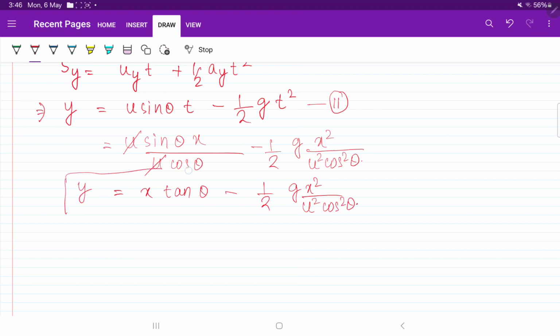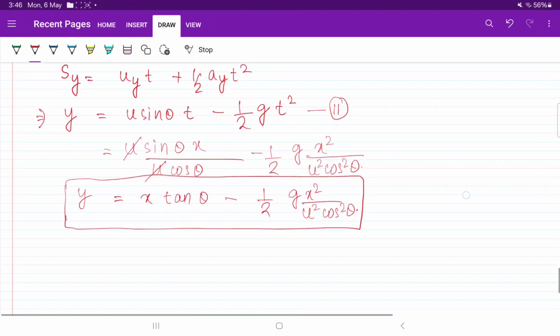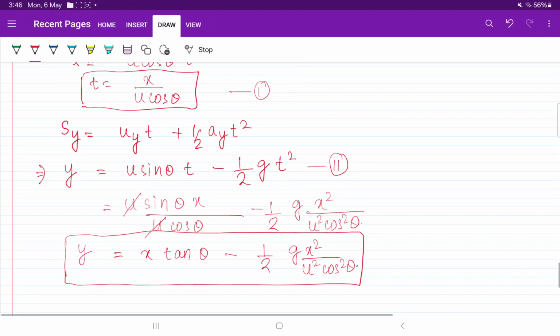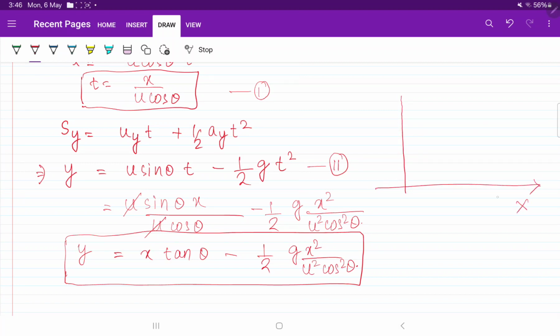So this is the relation between the x and y coordinates, and this confirms the trajectory of the projectile. What we have done in this case is eliminated the time coordinate and found the relation between the x coordinate and y coordinate.